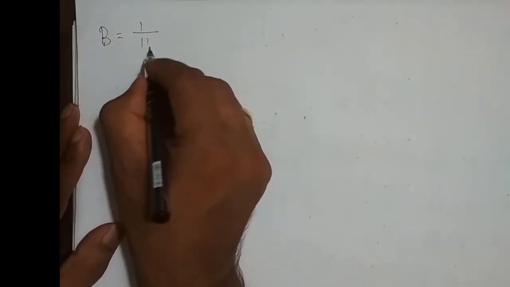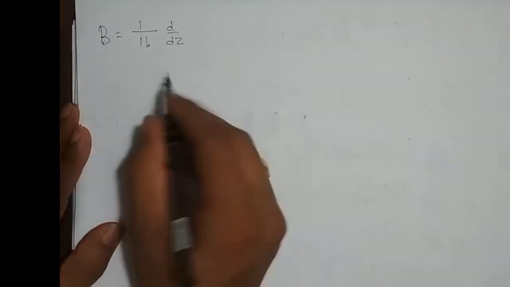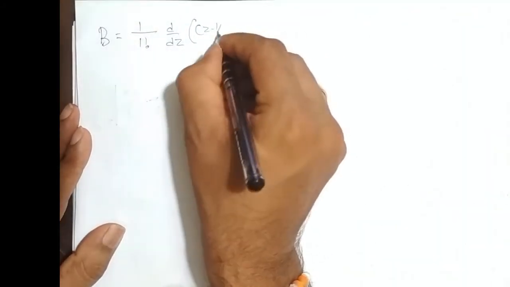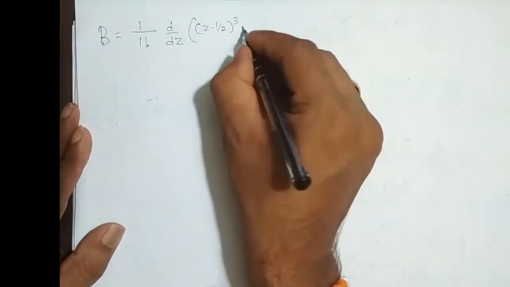Now we shall find the value for b. So what is the formula to find b? So b is given by 1 by (3 minus 2), which is 1 factorial, into d by dz of, since 3 minus 2 is 1, I have to differentiate it one time, (z minus 1 by 2) whole cube into x of z by z.